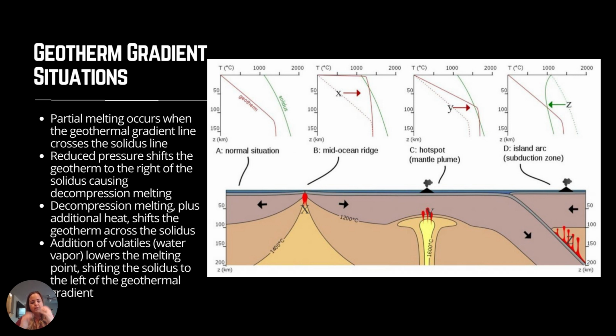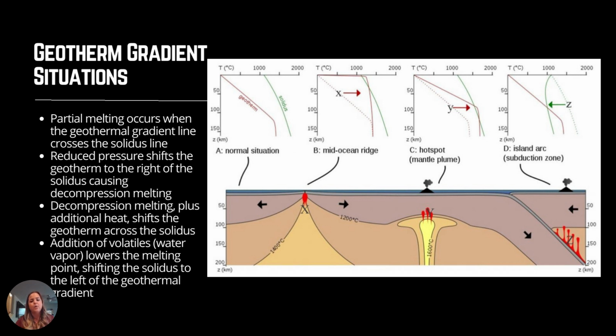That's because two plates are pulling apart and magma is coming up from the mantle, so things are a lot hotter. You can see that geotherm bending there. That 1200 degrees Celsius is coming closer to the surface. With a hot spot, it also bends a little earlier than in a normal situation, so the geotherm does bend depending on where that plume is sitting in the crust.